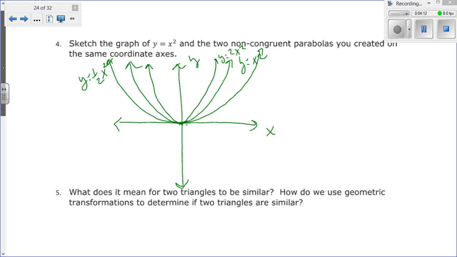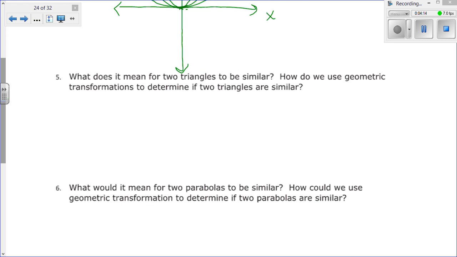What does it mean for two triangles to be similar? And how do we use geometric transformations to determine if two triangles are similar? In order to know if they were similar, the angle measures were the same, but the sides were proportional.